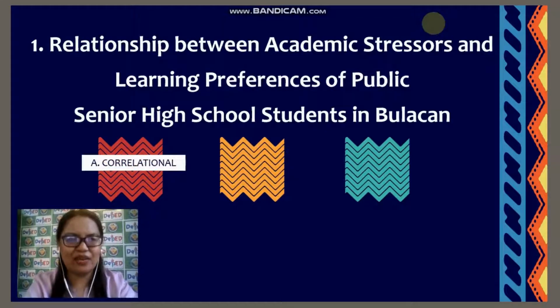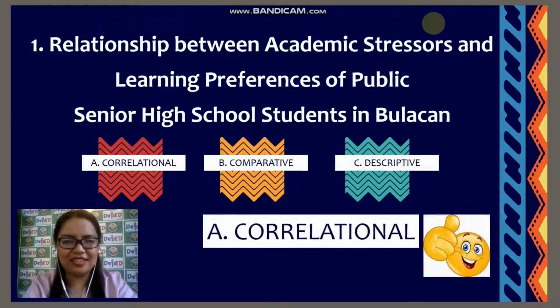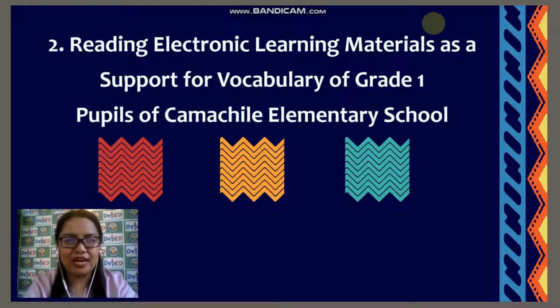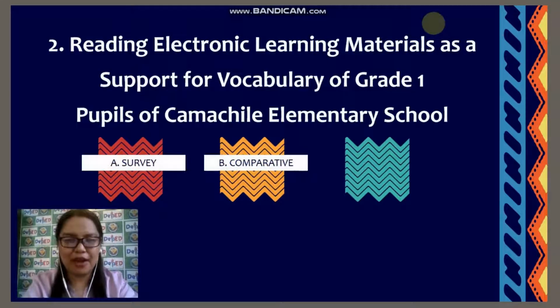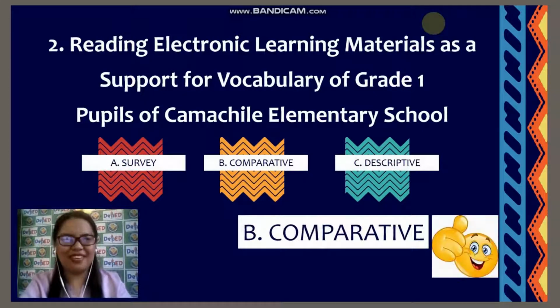Is it A, correlational, B, comparative, or C, descriptive? The answer is correlational. Number 2, reading electronic learning materials as support for vocabulary of grade 1 pupils of Camachile Elementary School. Is it A, survey, B, comparative, or C, descriptive? The answer is B, comparative.